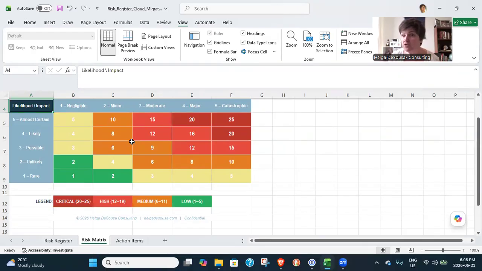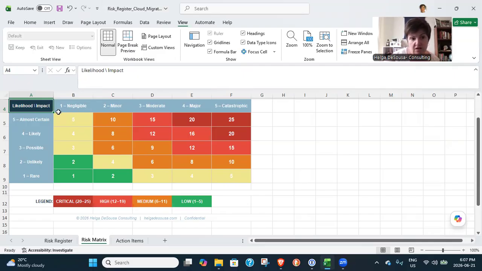Impact is, what is the impact to the project itself? Is it going to hugely impact your schedule? Is it going to hugely impact the quality of what you're delivering? Is it going to put this project on a stop? So these are things to look out for, or if there's going to be a huge impact to the business, the department, the organization, okay? So look at these criteria.